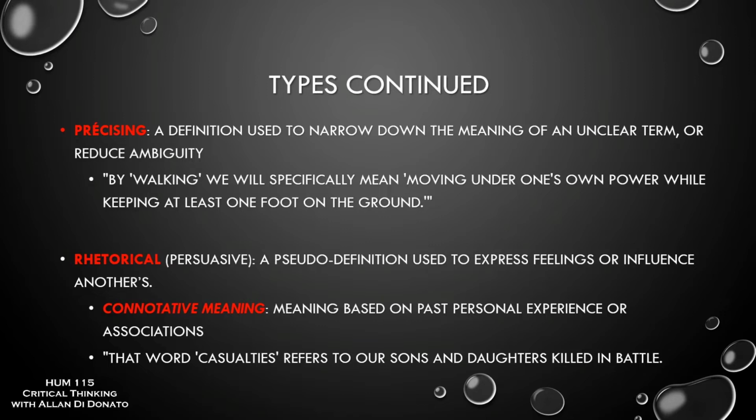It will bring along with it certain emotional associations and stuff like that. So here's the example. That word casualties refers to our sons and daughters killed in battle, right? It's trying to bring about kind of a vivid idea of what we mean by talking about casualties, right? Kind of the type of definition that's going to influence you to think twice about backing a motion to go to war with another country or something like that. Okay, so that would be called rhetorical definition, and it's a type of persuasive device, obviously.